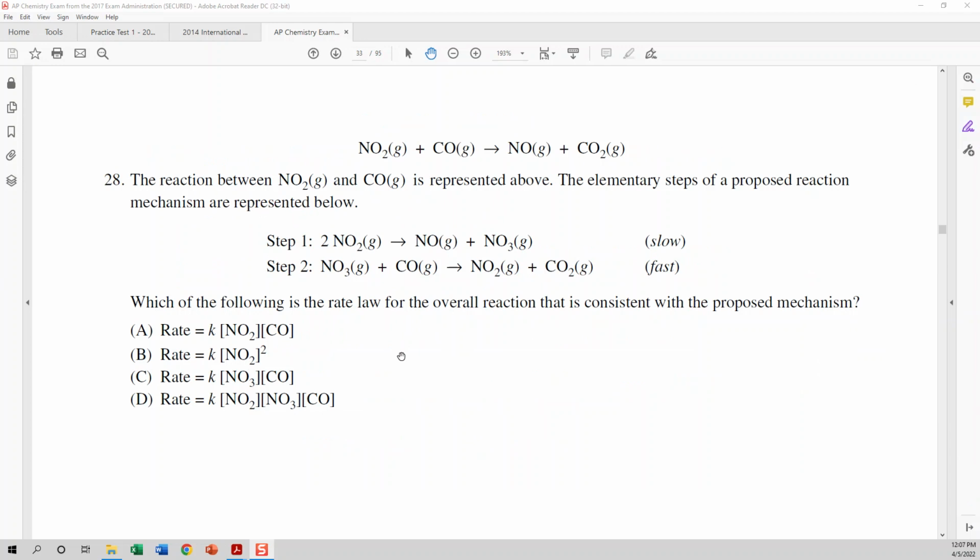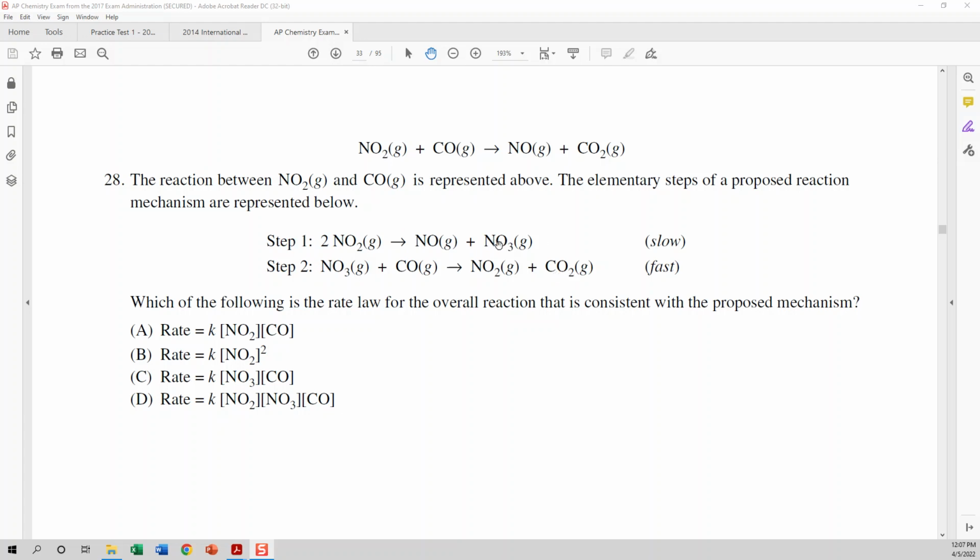Okay, so this isn't the one I wanted to show you, but it is another good example of reaction mechanism question. So here's our overall reaction. Here's the reaction mechanism. So this is the slow step, and this is the fast step.